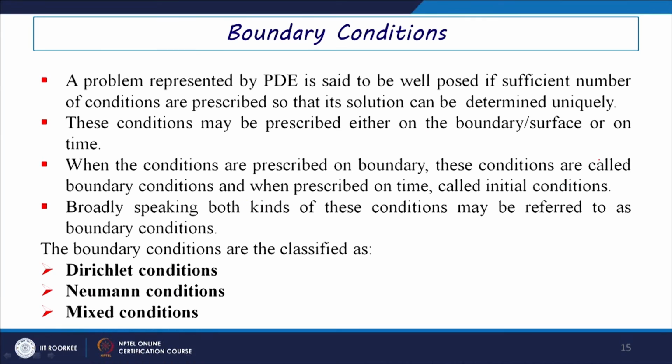Broadly speaking, both kinds of conditions may be referred to as boundary conditions, like the Dirichlet condition, Neumann conditions and mixed derivative conditions. Whenever we define any real class of problems in partial differential equations, one of these boundary conditions is applicable in any real system.